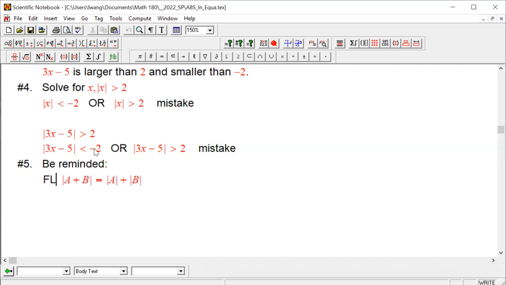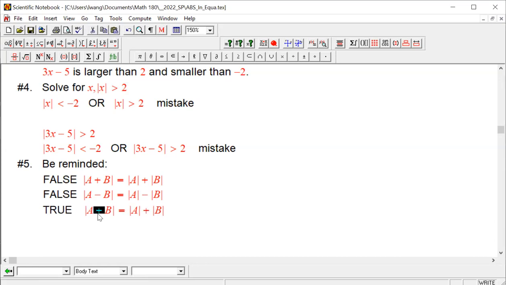So when you do absolute value of addition, this is false. Absolute value of subtraction, this is also false. Another false is this piece, if you have subtraction. Now what will be true? Those are false. One is true, where we multiply.